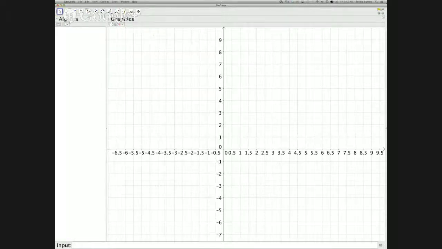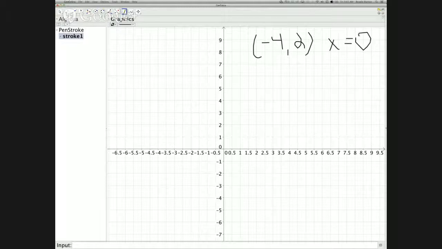Okay, our point was, or our point is, let me write that down so I won't forget it. This is number 53, by the way. -4, 2, and our line is x equals 0. Okay, so first thing I'm going to do is my line, x equals 0.